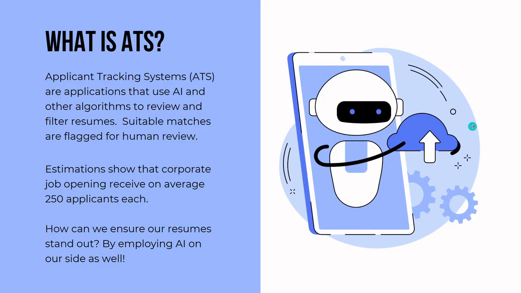One last note on this: what is ATS? Applicant tracking systems are AI algorithms that are used to review and filter resumes. Why is this important? Well, your employer has this, and until now it's been pretty hard for the average person to have access to tools like this.